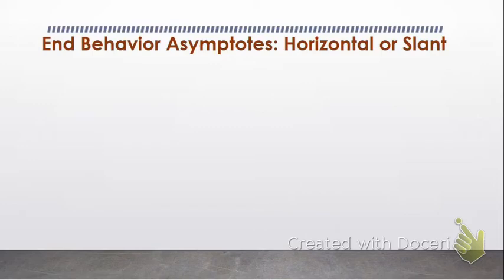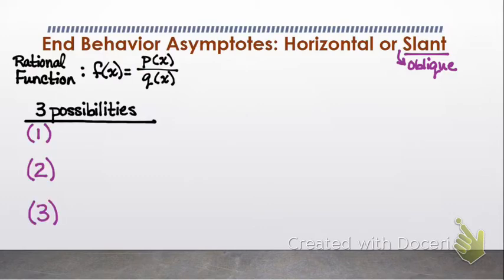They can be horizontal or they can be slant. Slant asymptotes are also called oblique. So just as a reminder, our rational function is made up of the ratio of two polynomials, p of x divided by q of x. For our end behavior asymptotes, we have 3 different possibilities.